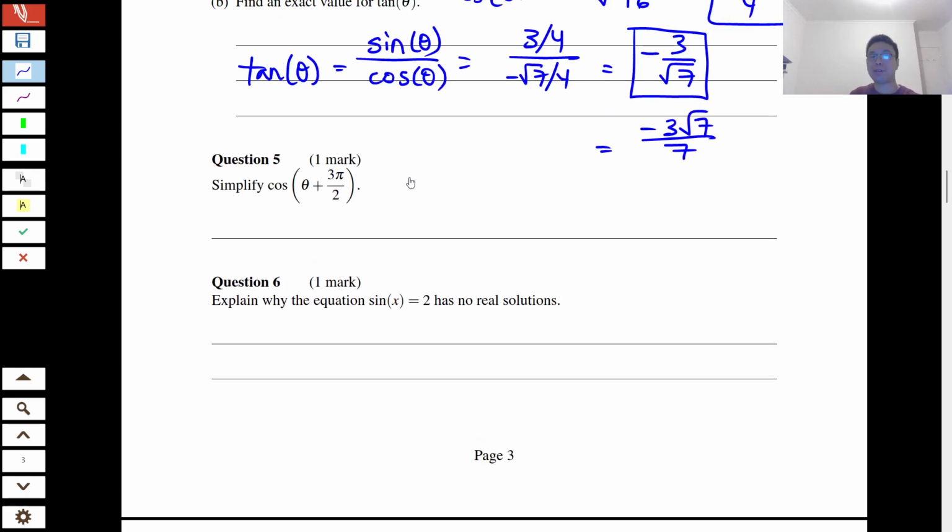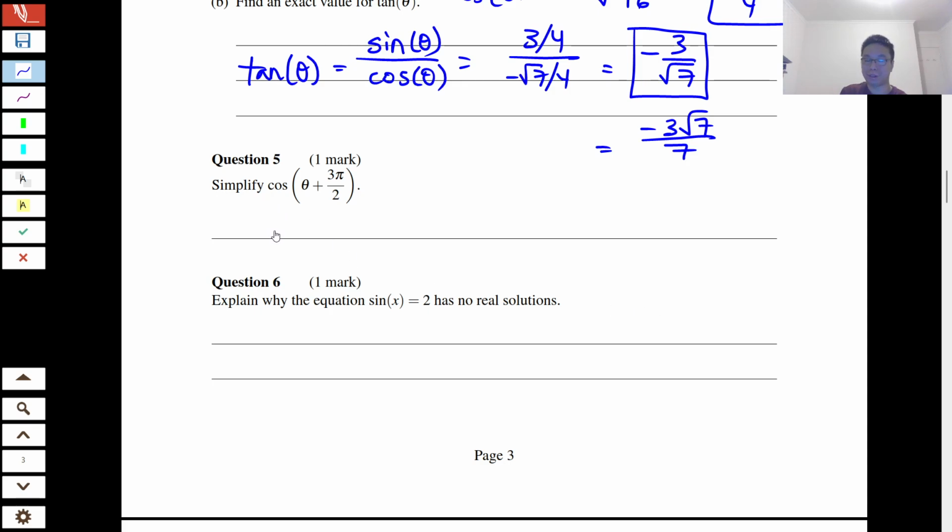Okay, question 5. If I, for sake of argument, assume that theta is in the first quadrant, theta plus 3 pi on 2 is in the fourth quadrant. Now, if I add pi on 2 or 3 pi on 2, the cosine changes to a sine.